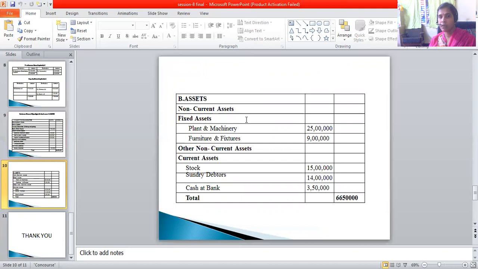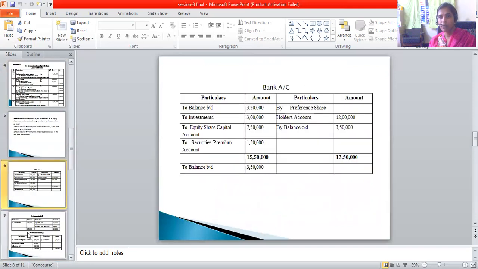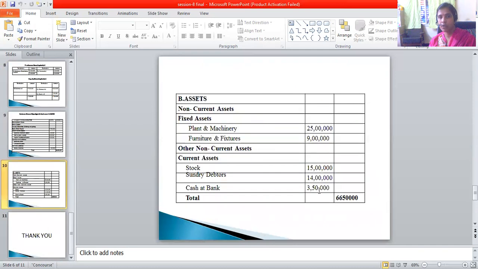Coming down to the current assets, you have stock 15 lakhs, sundry debtors 14 lakhs. Cash at bank, we can refer to this particular ledger, and that is taken here. So if you total it up, it works out to 66,50,000. So both the assets and the liabilities should tally. So this is about this problem. So thank you.